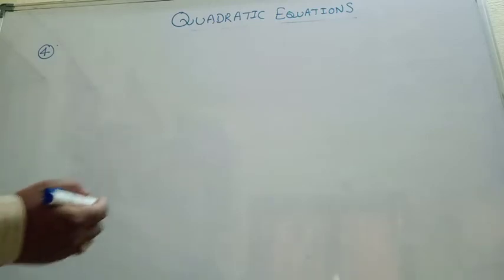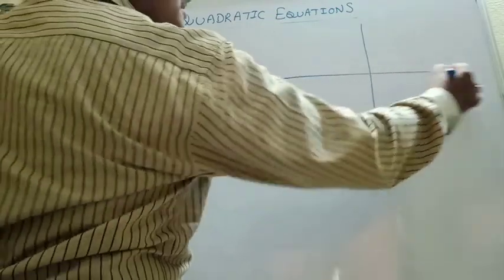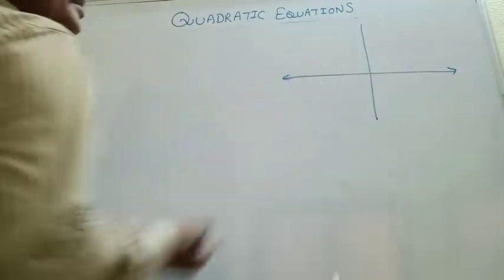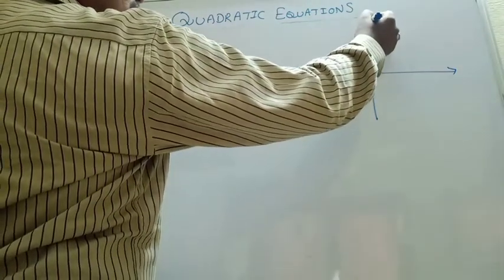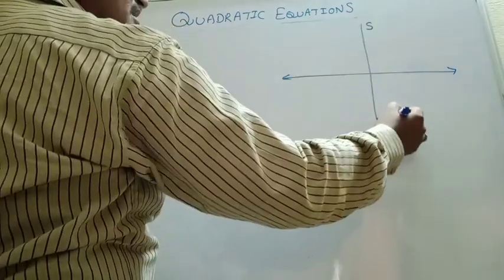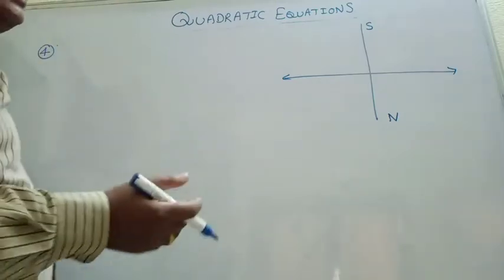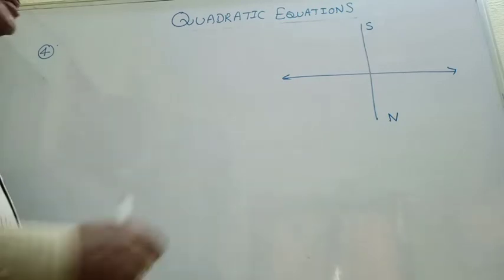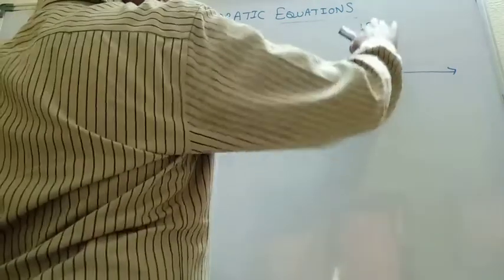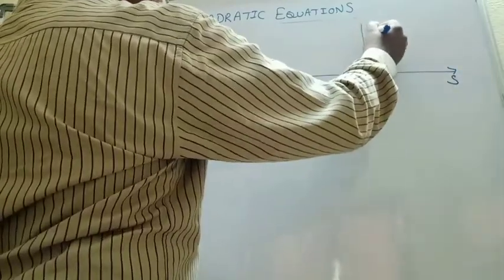You see, my dear students, here we have the direction thing. Suppose this is south and this is north. Once you have those directions, as usual our directions are: this is south, this is north, and this is east and this is west.